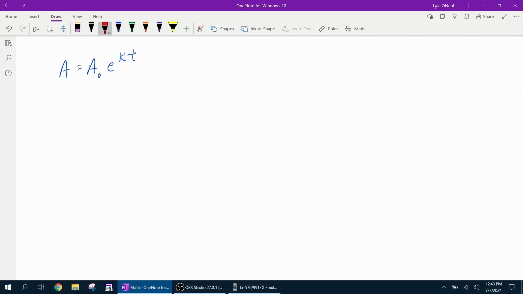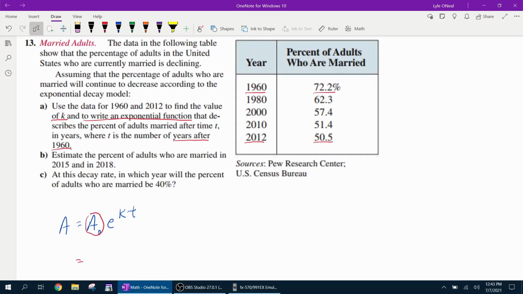How does that work? Well, given our exponential growth and decay formula, we know that A naught would be the initial, in this case, percentage of married adults. And the initial amount would be the amount in 1960, which is 72.2%. The amount later on down the road would be the amount of people married in 2012.